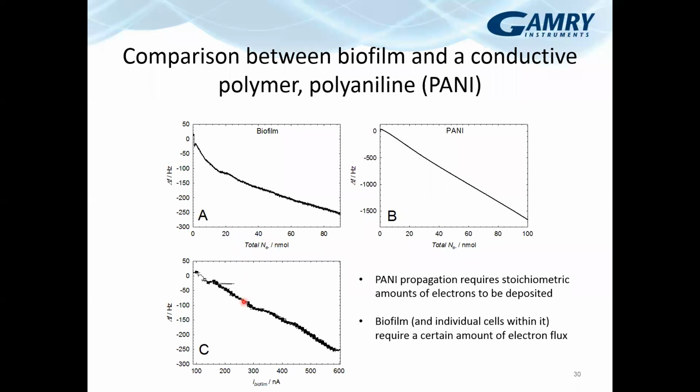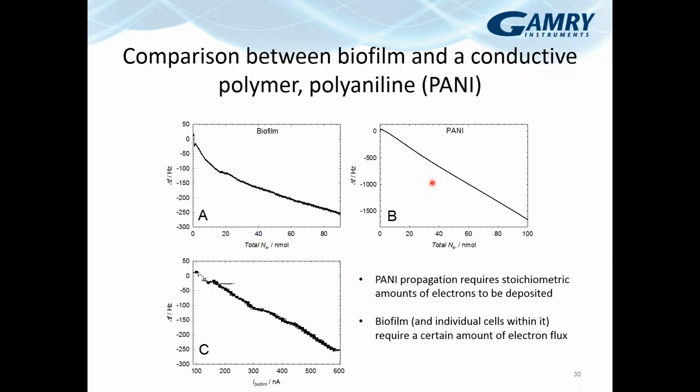And so if I integrated this current, you see that it's not linear. But for something like polyaniline, where, by Faraday's law, you require a stoichiometric amount of electrons to be deposited to add to the film, right?